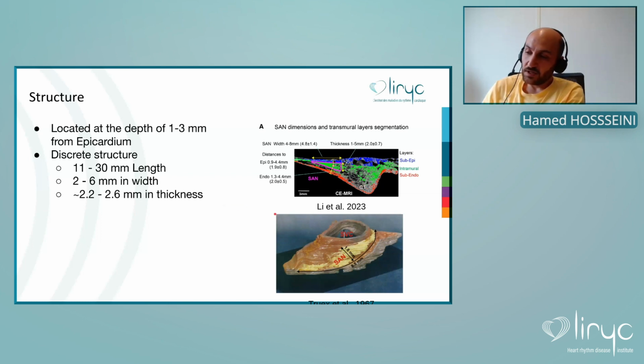To find out the whereabouts of the SA node, there are lots of different ways to see it. First of all, beside the SA node, there is a lot of fat that can be seen. This is another paper, an old paper, as you can see. This is the fat that can be seen here.